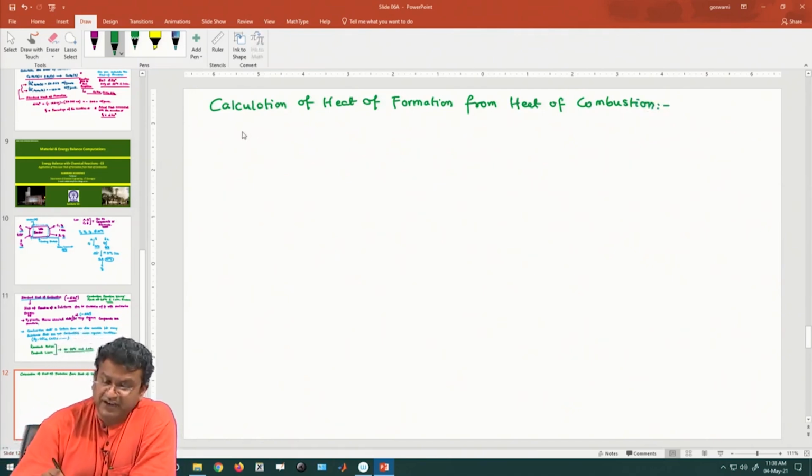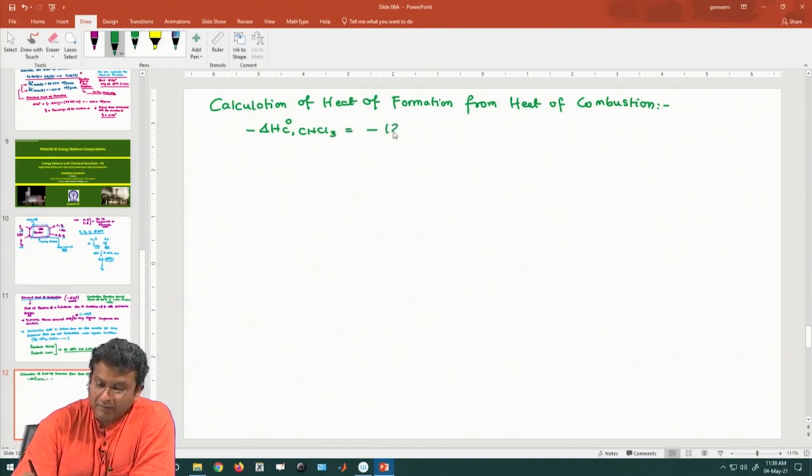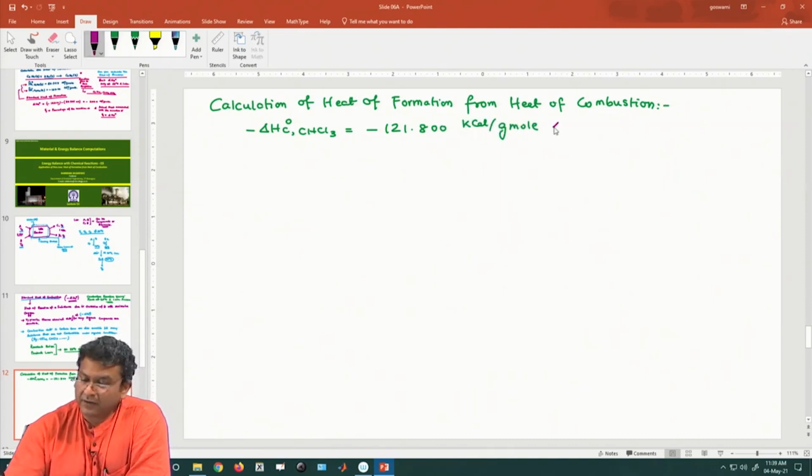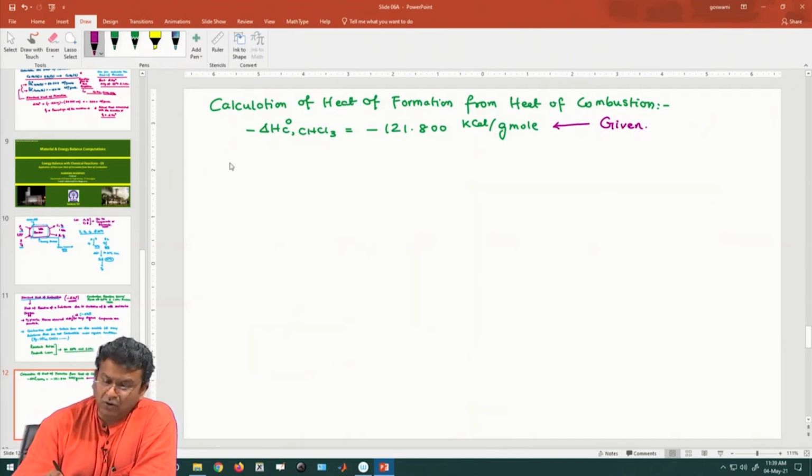The combustion reaction is given, the heat of combustion for chloroform is given, this is given, okay, and you are told to find out this.